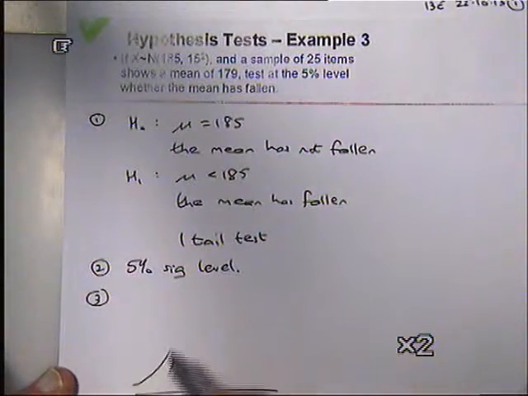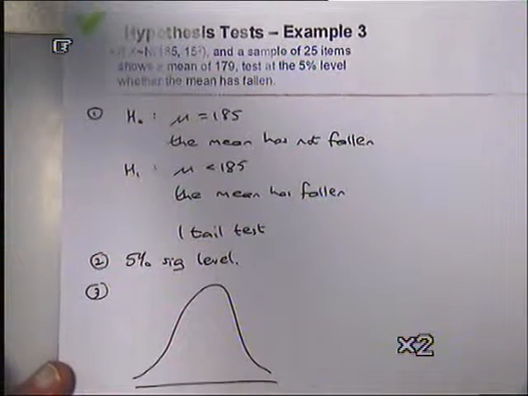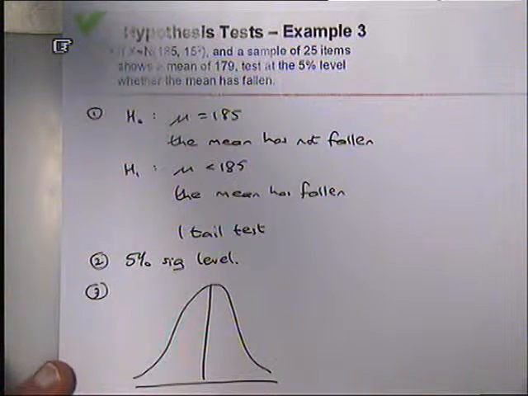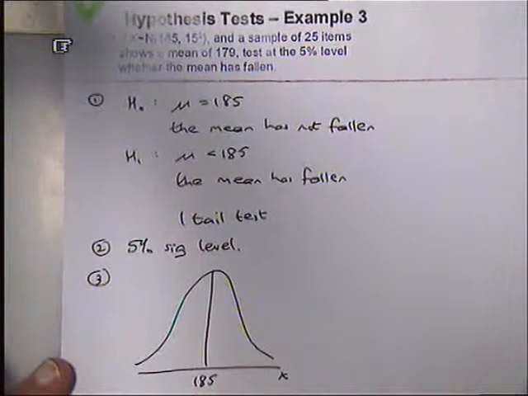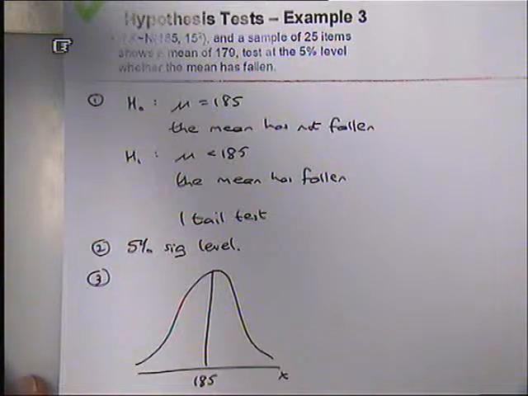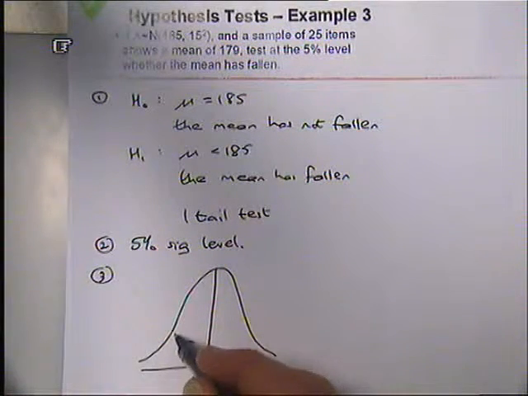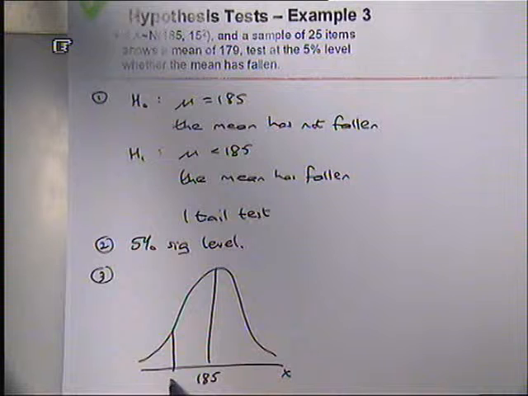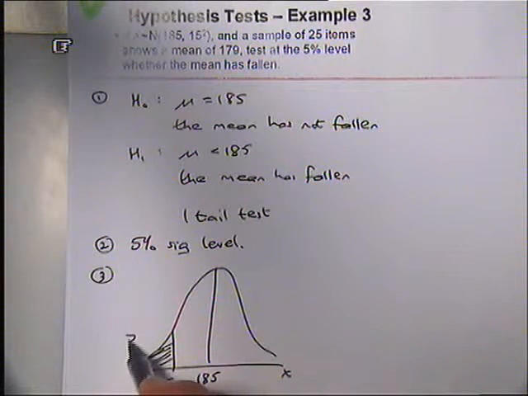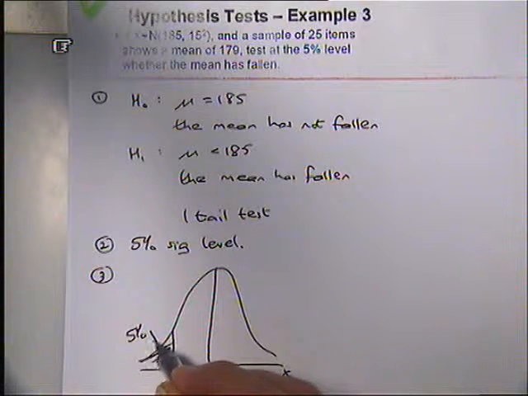If you draw your normal curve, under the null hypothesis, our mean is 185. We're doing a 5% 1-tail test that it's fallen. So our critical region is going to be to the left of this C value, where this shaded area here is going to be 5%.